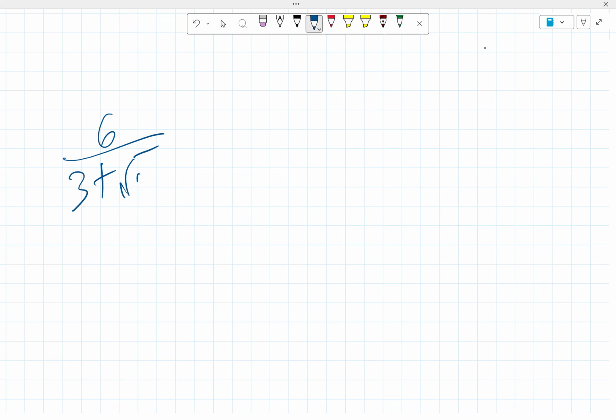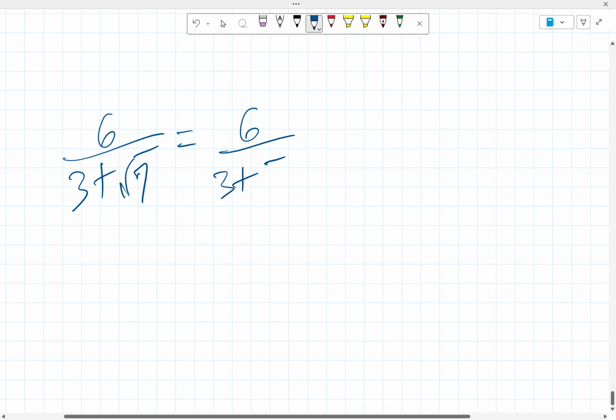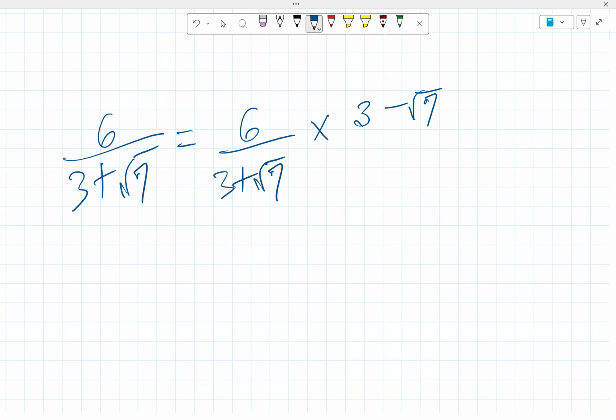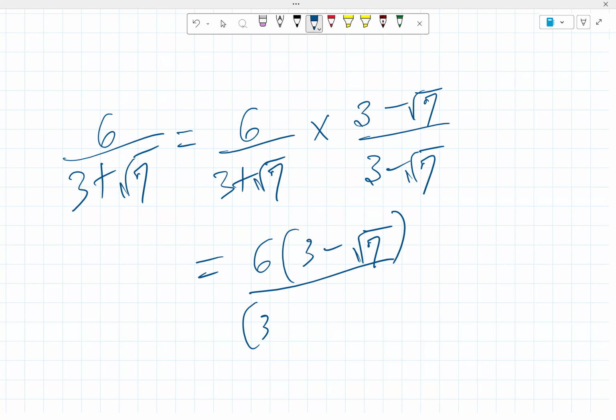So you have a binomial term here, so you need to use the conjugate. So that will be 6 over 3 plus root 7 times 3 minus root 7 all over 3 minus root 7. Okay, so that will be 6 into 3 minus root 7 all over 3 plus root 7 into 3 minus root 7.